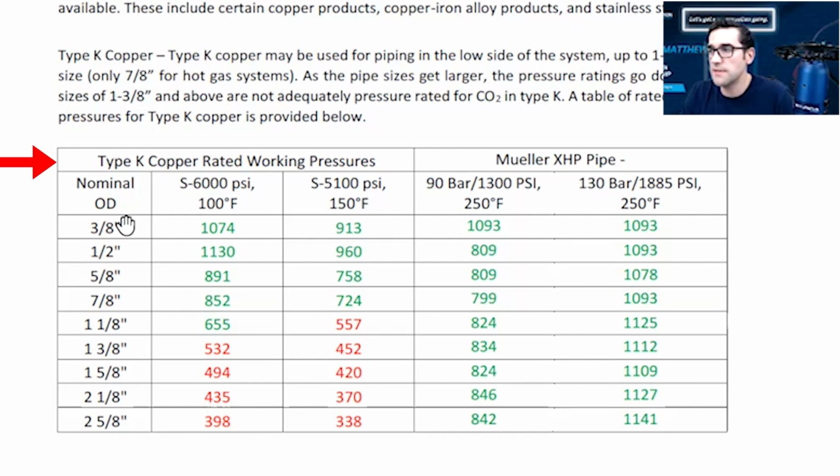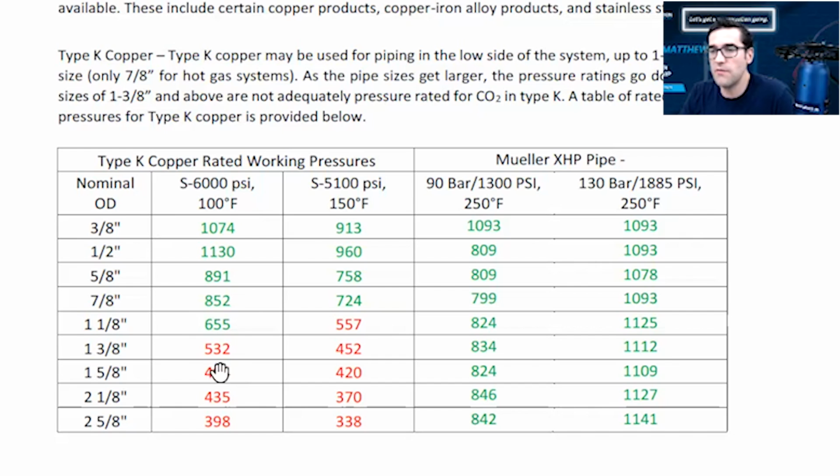And as you can see here, this is the normal K-type copper right here. And as you start to get bigger pipe, look at this. You go from 3/8, it can handle what, 1,074 psi, upwards of 72 bar-ish. Yeah, 73. I should have known that's around the critical point. But 72 bar.